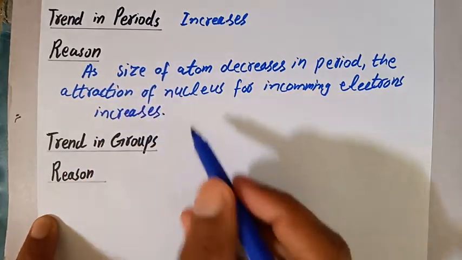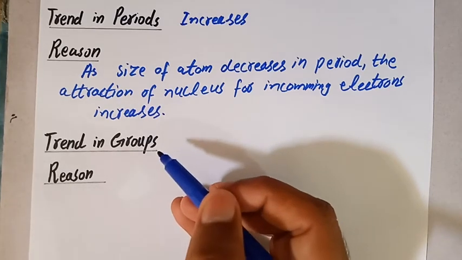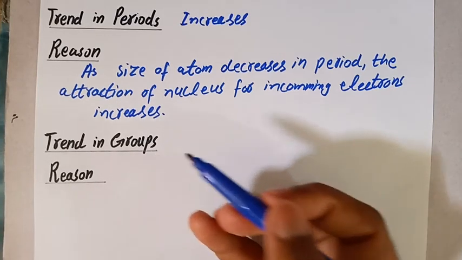That's why electron affinity also increases in a period.